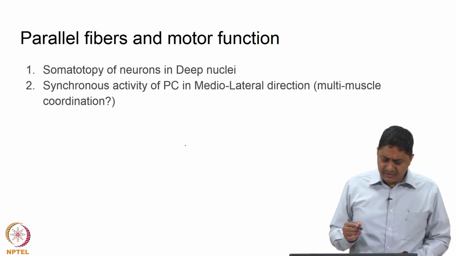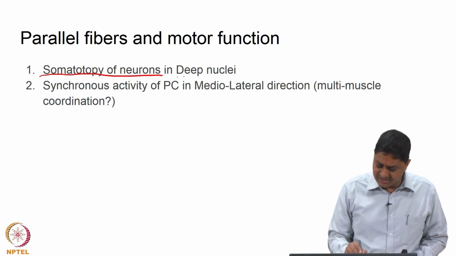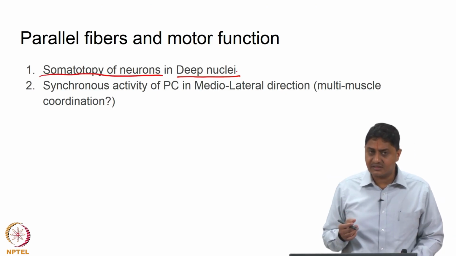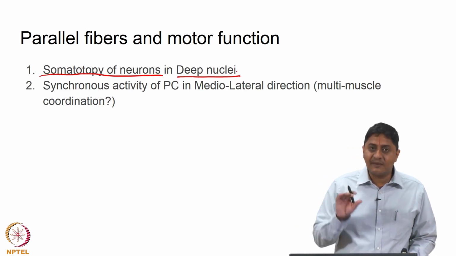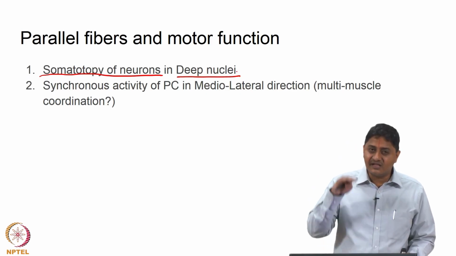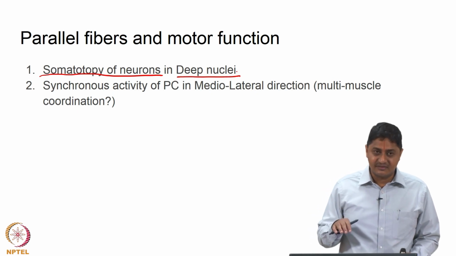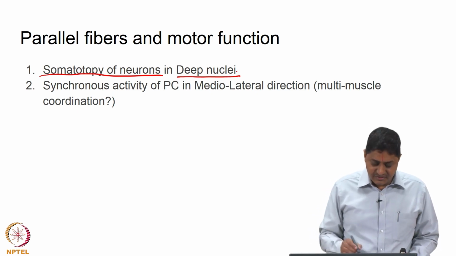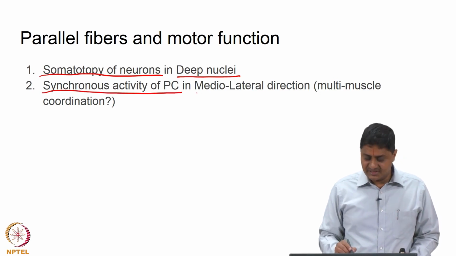We have also discussed that there is somatotopy of neurons in the deep nuclei. I mentioned that there is a homunculus that is upside down and turned sideways. In other words, the anterior side is the tail, and the posterior side is the head, right. We discussed this, and also there is synchronicity of activity of the Purkinje cells in the mediolateral direction.